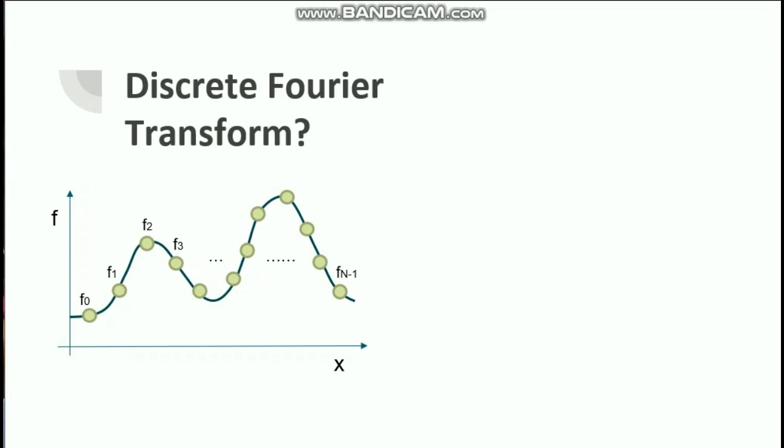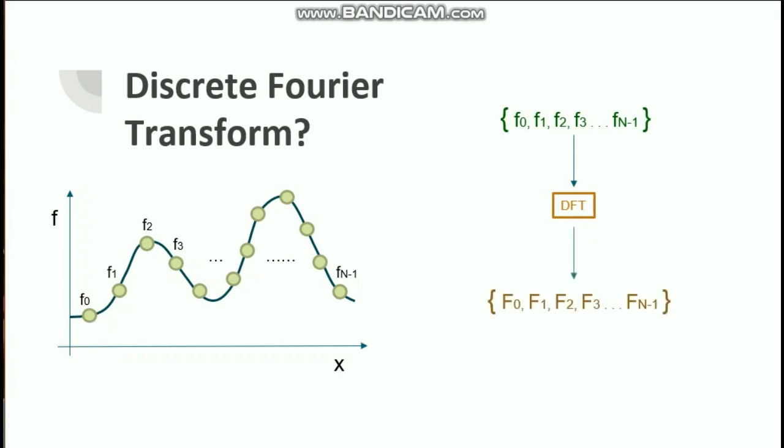What we would like to do is take this whole vector f, take this collection of measurements, and run it through our discrete Fourier transform, and we're going to get another vector of n numbers. This is called our Fourier coefficients. This sounds complicated, but it will be clearer later on.